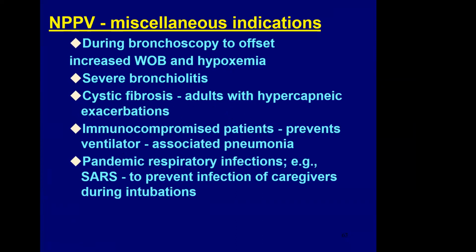Also, it can be used for patients who are immunocompromised because NPPV will prevent ventilator-associated pneumonia because of the tracheal tube. It may also be useful for patients with pandemic respiratory infections such as SARS and COVID to prevent infection of caregivers during intubations. And it is during intubations that there is high risk for spreading the condition.